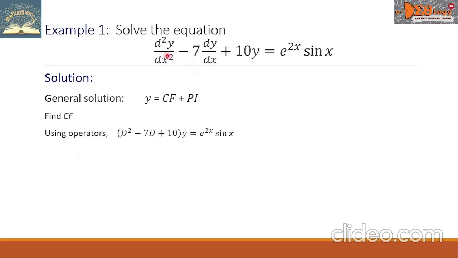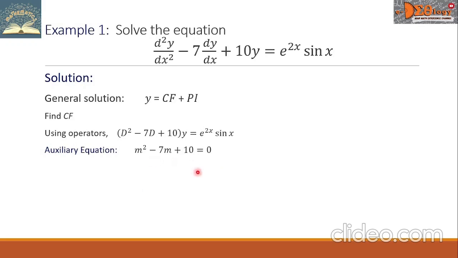Using operators, our equation becomes the quantity D squared minus 7D plus 10 multiplied by the variable y equals the right-hand side, e raised to 2x times sine x. The auxiliary equation is m squared minus 7m plus 10 equals 0. So let us solve for m.